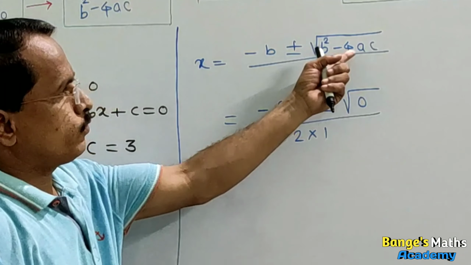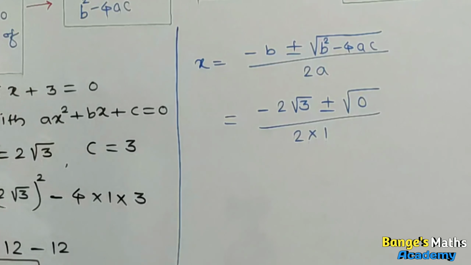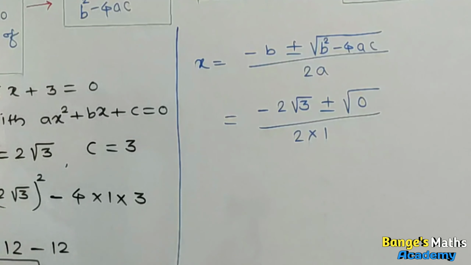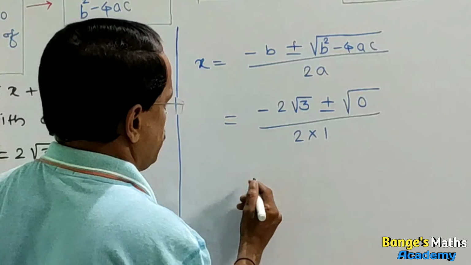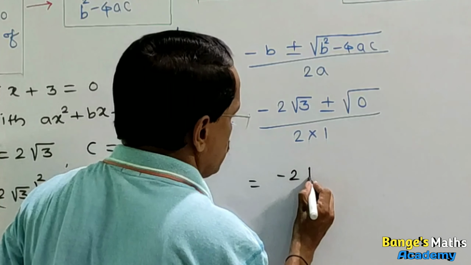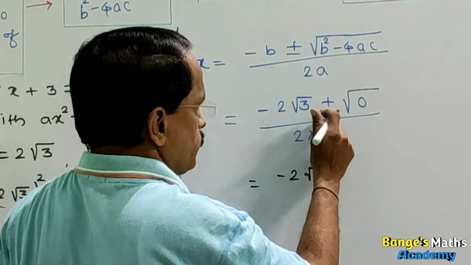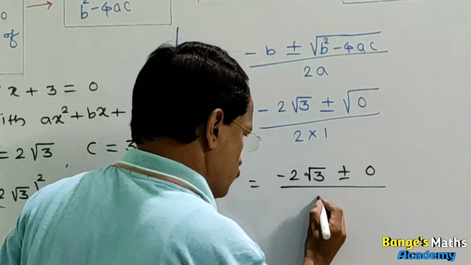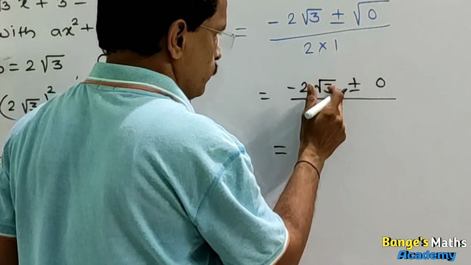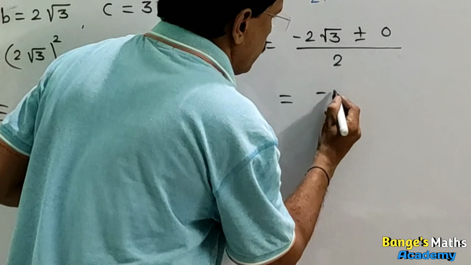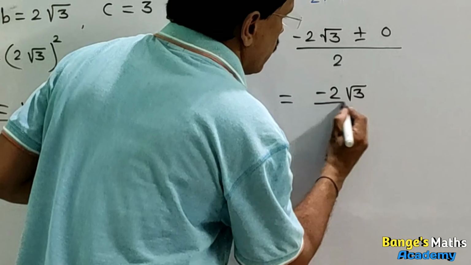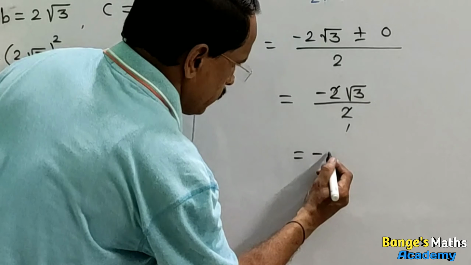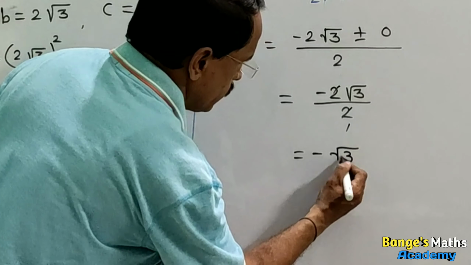See, b square minus 4ac is 0 means this equation has real and equal roots. Simplify this. Minus 2 root 3 plus or minus square root of 0, which is 0, upon 2 into 1, 2, is equal to minus 2 root 3 plus or minus 2 root 3 upon 2. This 2 gets cancelled. So we got minus root 3.